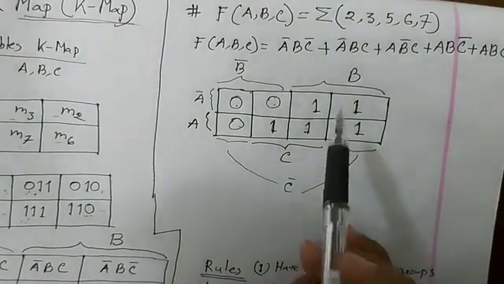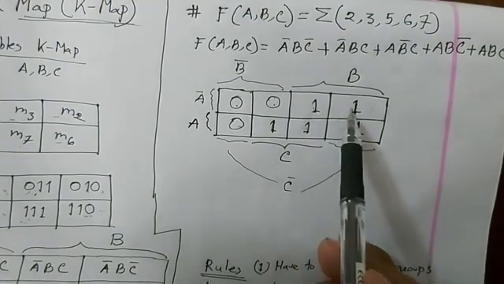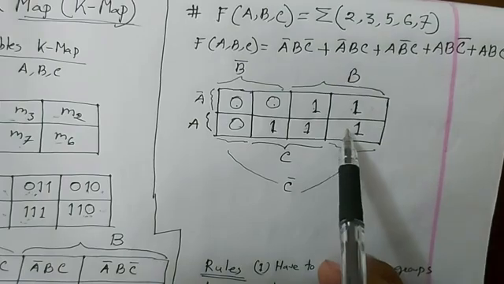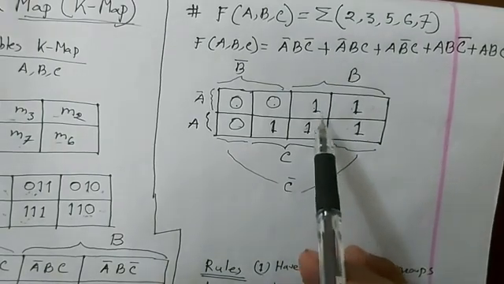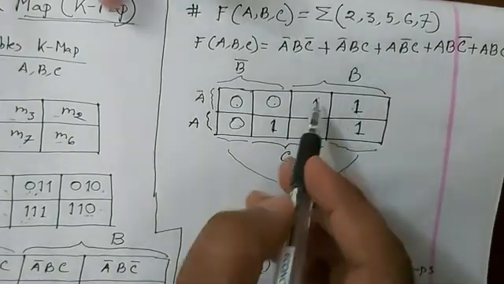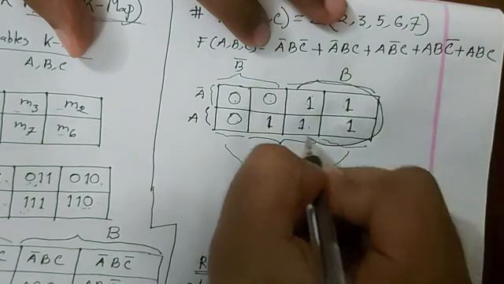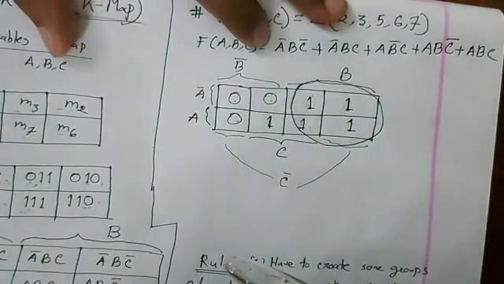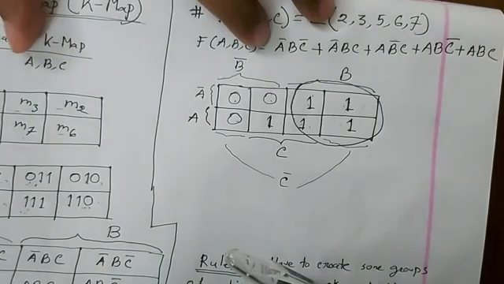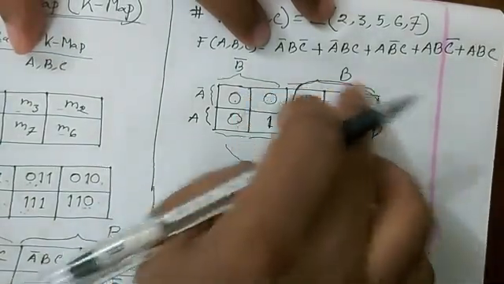Now if we look here, this one is adjacent with this one, this one is adjacent with this one, and this one is adjacent with this one. So these 4 can be inside a group easily. So we put these 4 inside a group. These 4 are adjacent to each other, right?